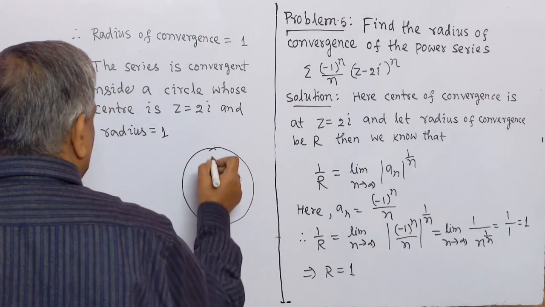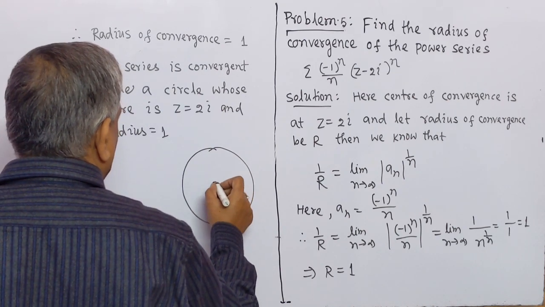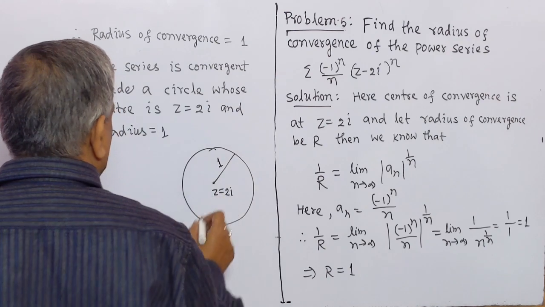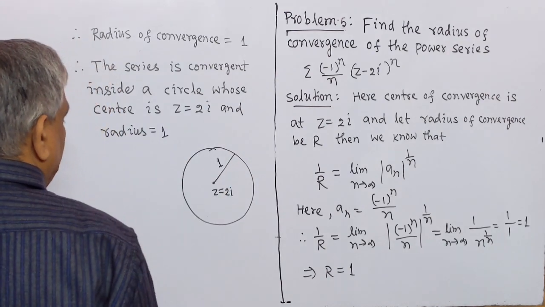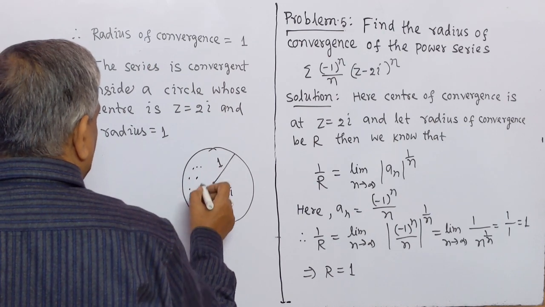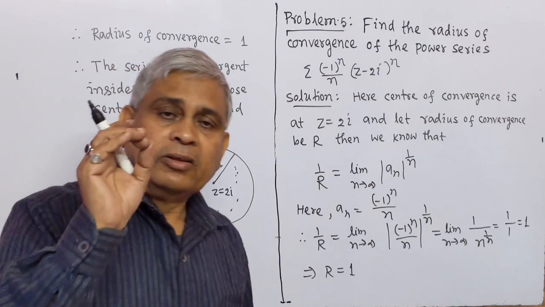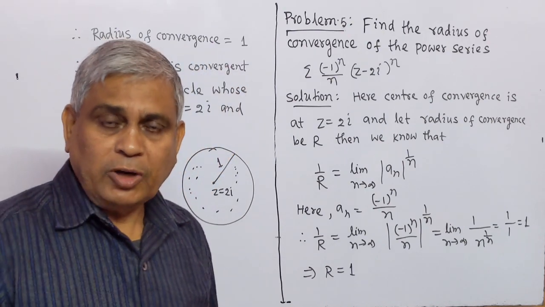Here this is circle, here center is z equal to 2i and radius is 1. The series is convergent for all those points lie inside the circle. Therefore our problem is solved.